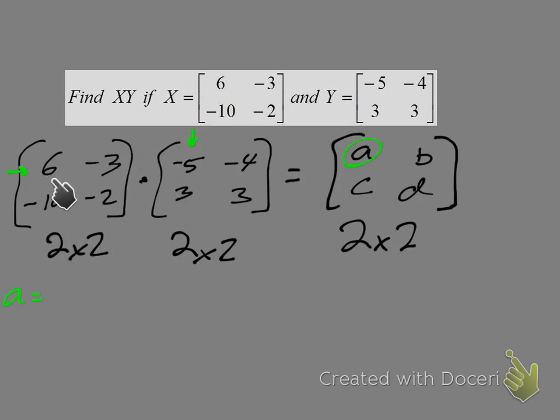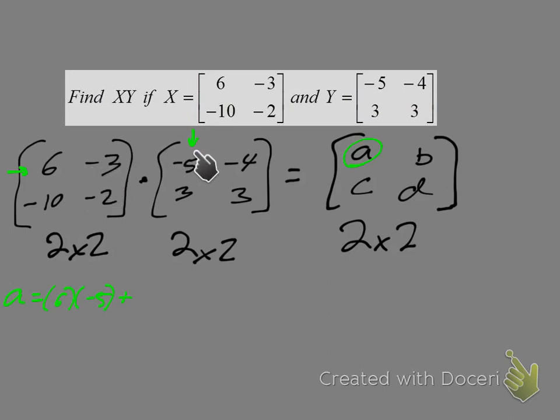What you do is this. The first element in this row is what? 6. First element in this column is what? Good. We're going to multiply those. Just hang tight with me here. Plus. What's the next element in this row? Negative 3.